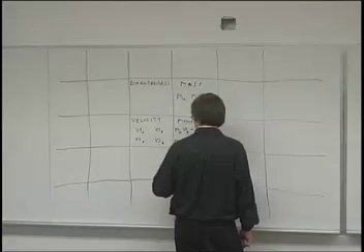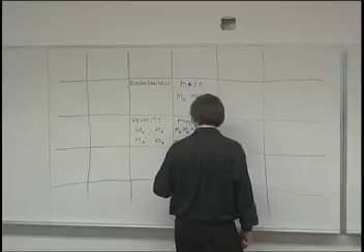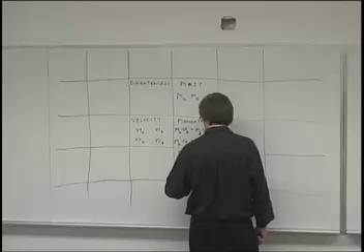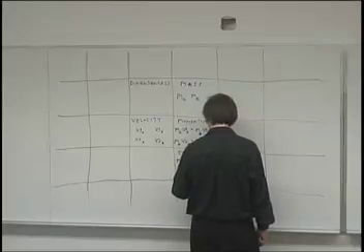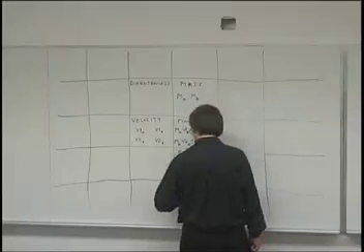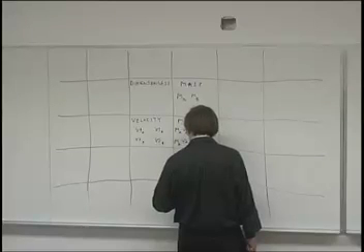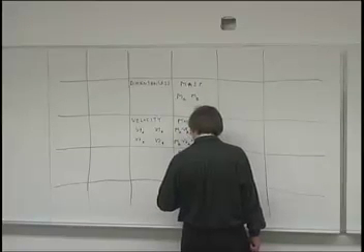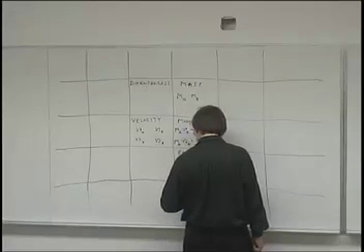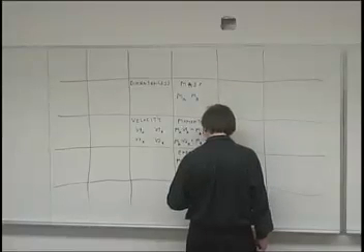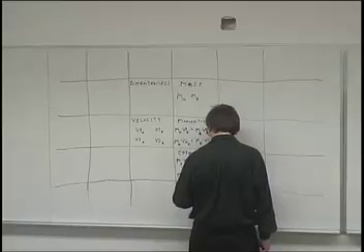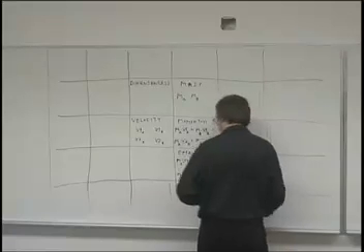So mass of particle A times the starting velocity of particle A squared plus the mass of particle B times the starting velocity of particle B squared is equal to the mass of particle A times the final velocity of particle A squared plus the mass of particle B times the final velocity of particle B squared.